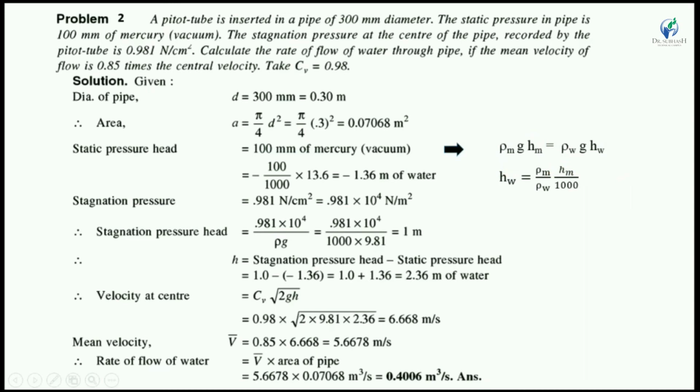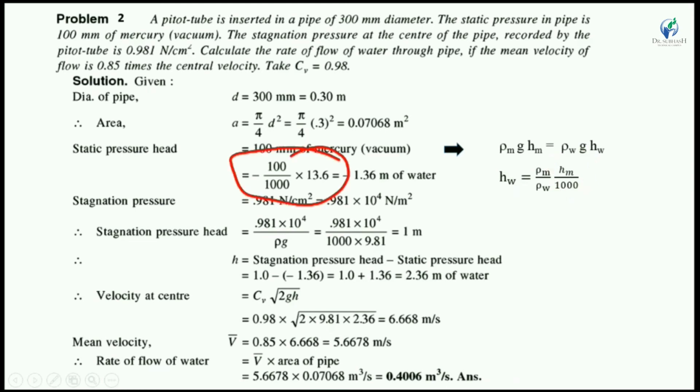Now we have to find the column height of water. So it's the ratio of density of mercury to density of water, times Hm, the height of the mercury column, divided by 1000 because it's given in mm, so it's converted into meters.